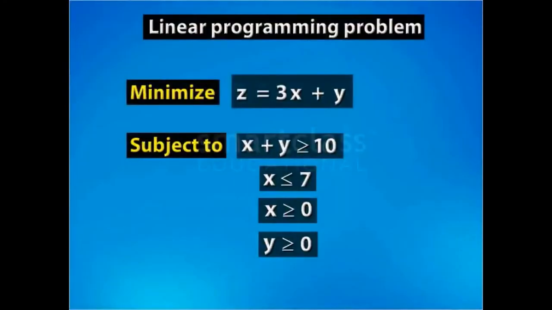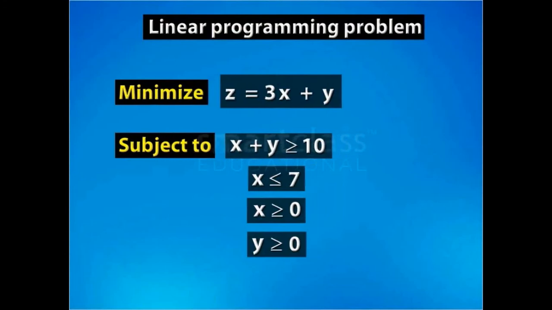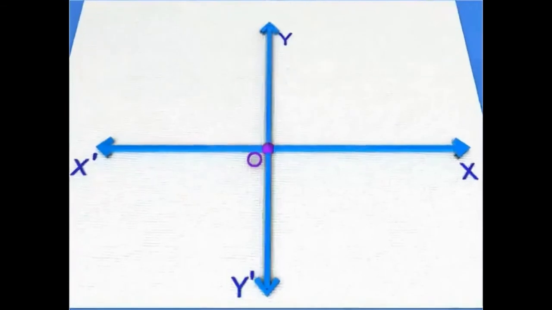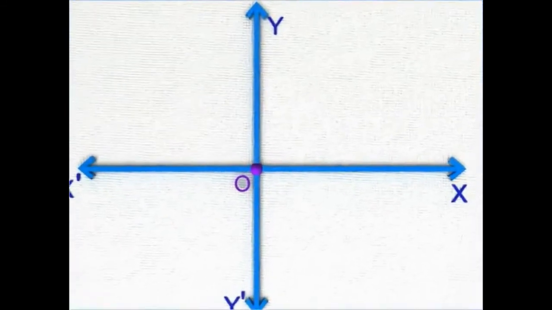So, we can solve any linear programming problem graphically using the following steps. First, identify the constraints and objective function. Then, draw the graph of the constraints.